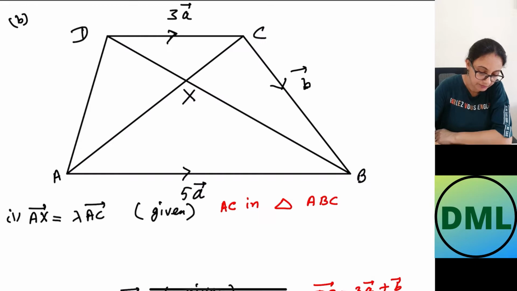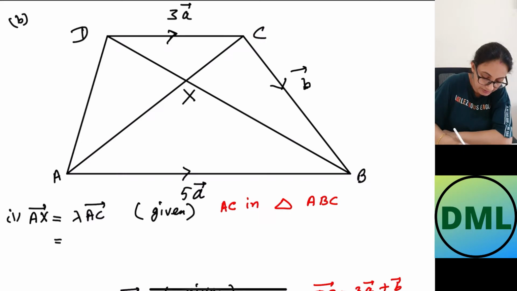So this is our diagram again. It is given to us that the vector AX is equal to lambda times the vector AC. So I will look at the triangle ABC, because AX is given as lambda times AC. If I apply the triangle law, the vector AC can be written as AB plus BC. Let's substitute the value here.